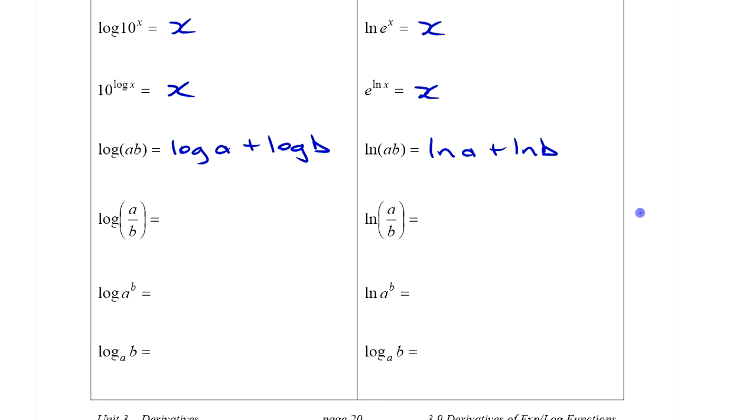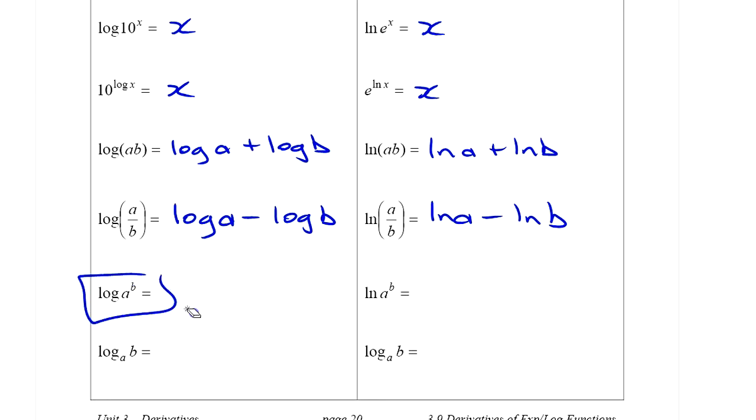Rest of the laws here, this was logarithm of a product. Well, you got logarithm of a quotient here as well. Logarithm of a quotient, you might have guessed that you subtract those logarithms. Same thing over here, ln a minus ln b. Test it out with any numbers you want, right? Quotient and then the two individual numbers. You find the result. Works every time.